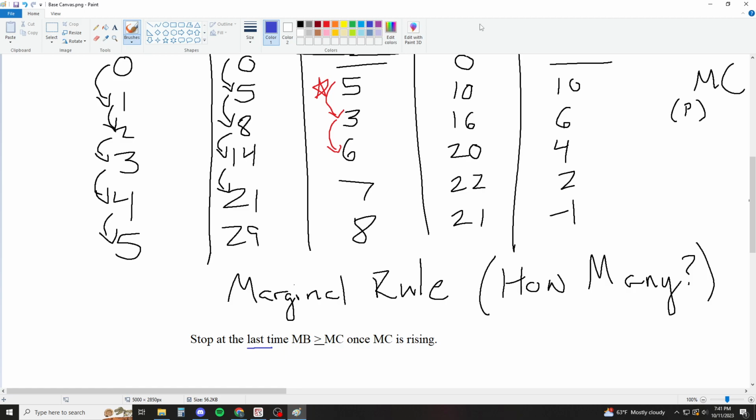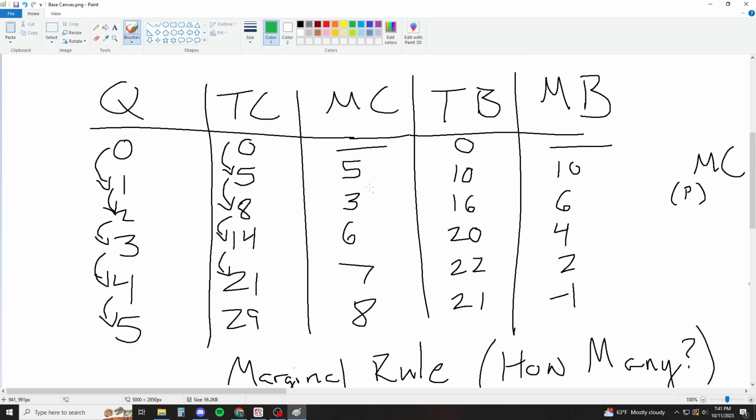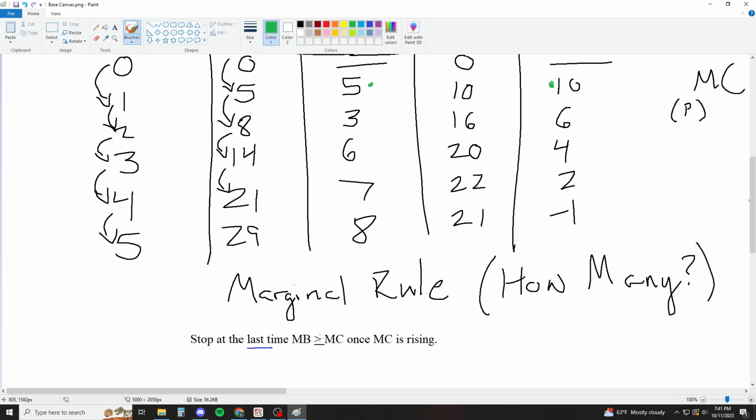All right, so looking at my chart over here, let me use a different color. Let me clean up some of this as well, just so it doesn't get super confusing. Let's look at this one. Quantity 1. Well, is 10 bigger than or equal to 5? Yep. Is 6 bigger than or equal to 3?